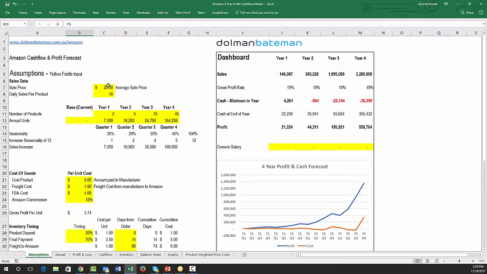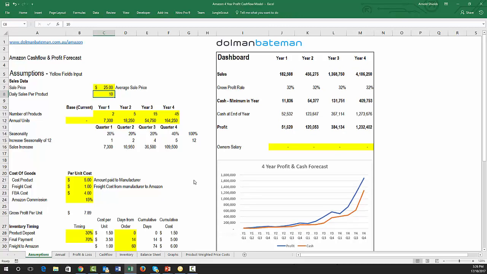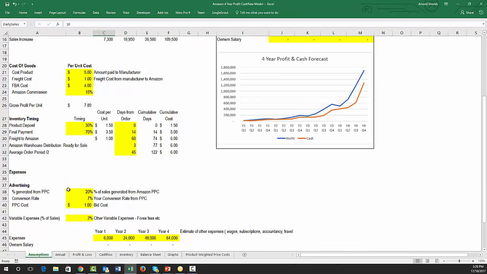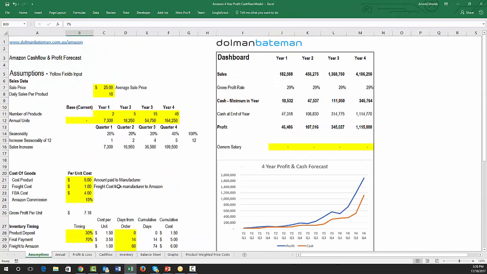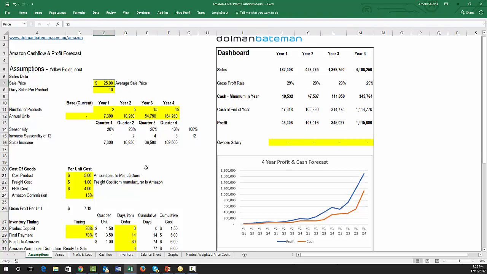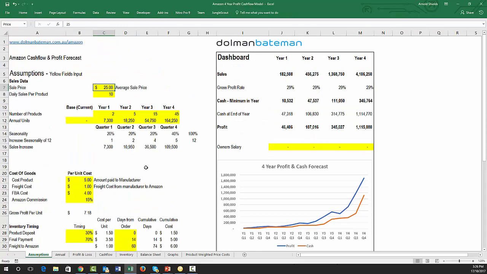So if you're saying, okay, I've got to generate a lot of money from PPC, or I need to generate the profits to generate the sales, I need to spend a lot on advertising. Let's say you're spending 25% on advertising, which is a fair proportion, then you need to make sure that you've got a decent gross profit margin there. So it's much higher than you think.